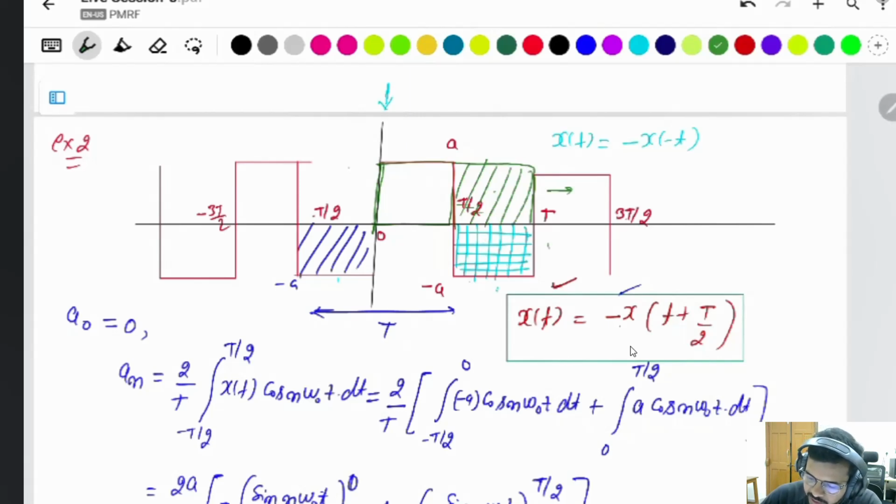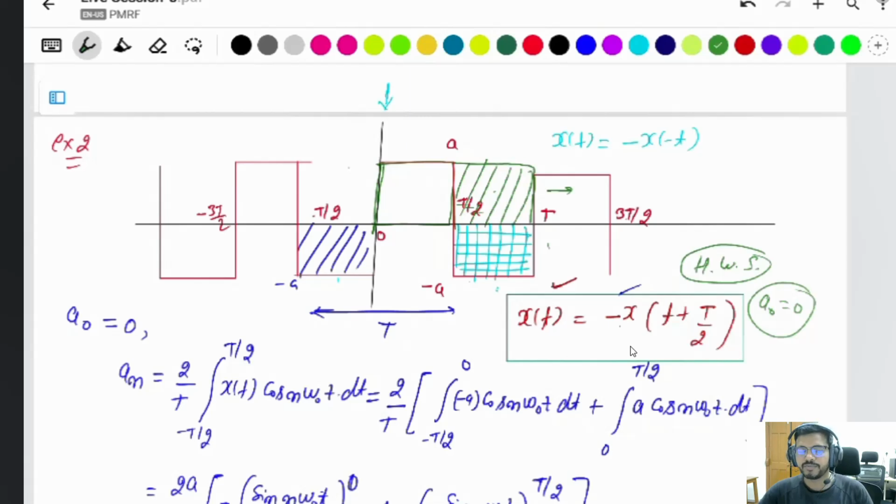In this case, the A naught value will be 0. If this type of symmetry is present in any signal, then the average value of that signal will be 0. Or you can see it another way: if the area of the positive curve and the area of the negative curve are the same, then that signal also has A naught value 0.